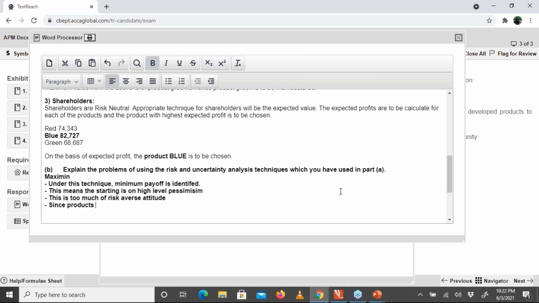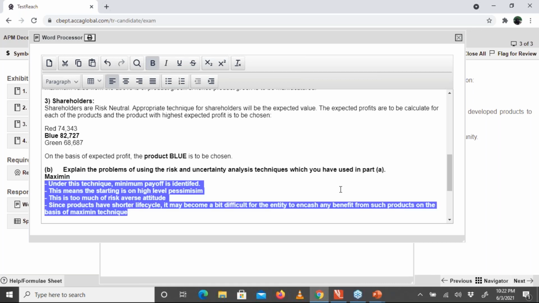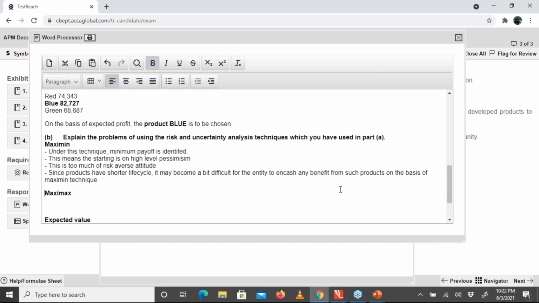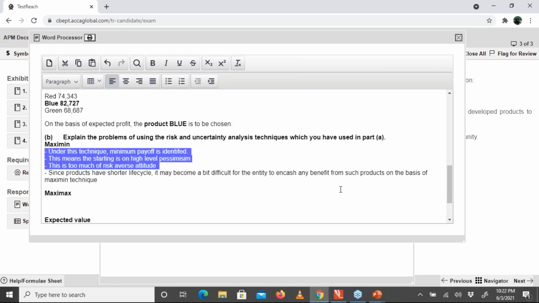Since products have a shorter life cycle, it may become a bit difficult for the entity to encash any benefit from such products on the basis of the Maximin technique. This is something that you have to do. Then there is the Maximax technique.